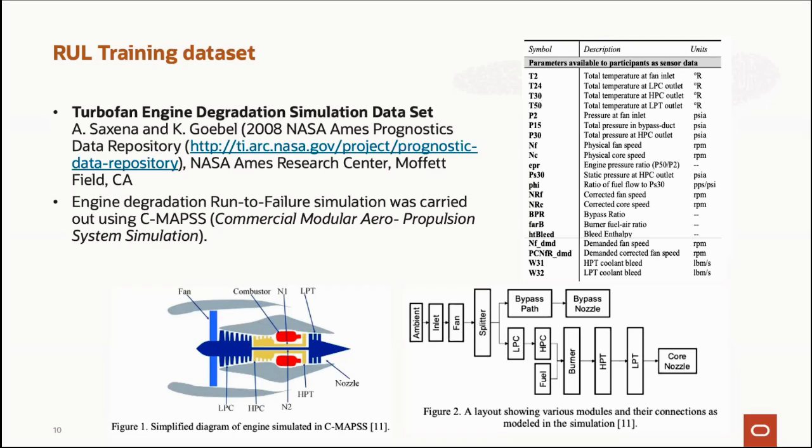The turbofan is a combination of a turbine and a fan, and it's mechanical. It has a lot of moving parts, as you can see listed in the diagram below, so there are lots of opportunities for failure, and it has plenty of sensor data coming in. In the top right, you can see about 21 sensors measuring the temperature, the pressure, the fan speed, and so on.